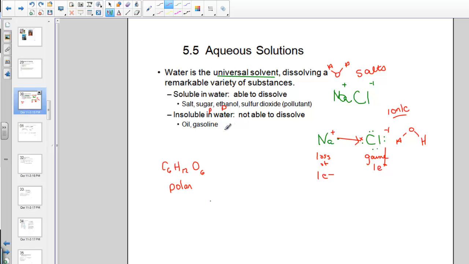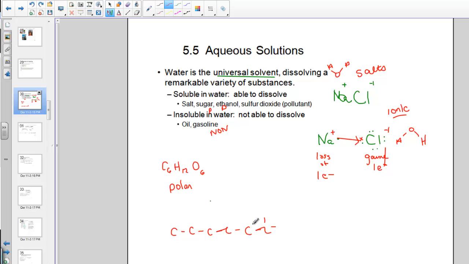Things that are not able to dissolve in water are things that are non-polar. All these long hydrocarbon chains, such as oil or gasoline. Do you remember learning that the major component of gasoline was a molecule called octane, and it was literally 8 hydrocarbon elements, 1, 2, 3, 4, 5, 6, 7, 8 of those right in a row, totally non-polar molecule.